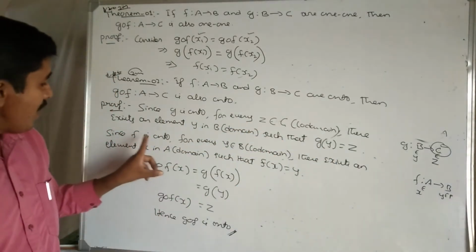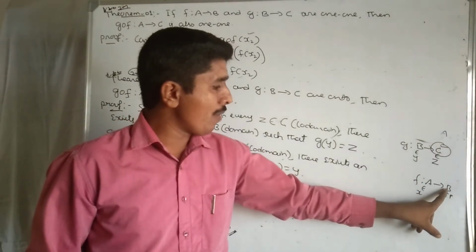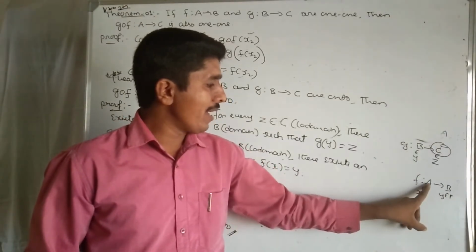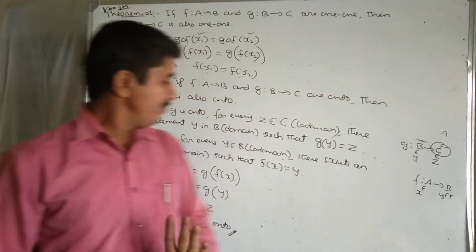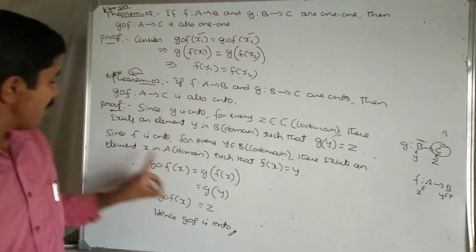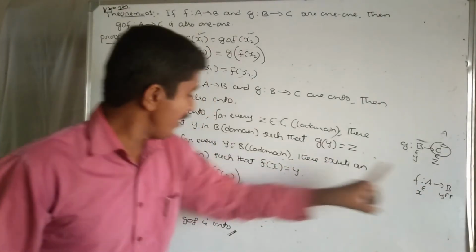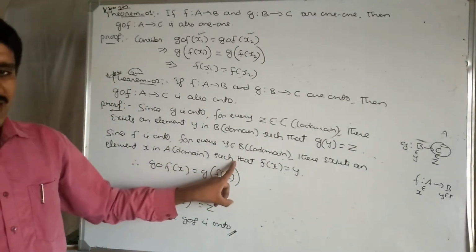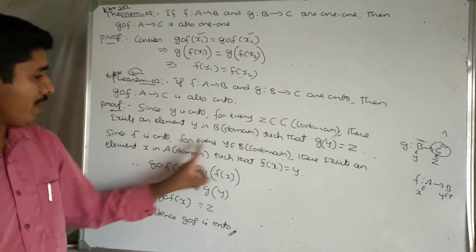Next, since f is onto, take an arbitrary element y in the codomain and x in the domain. For every y belongs to B, there exists a pre-image element x in A such that f of x equals y.